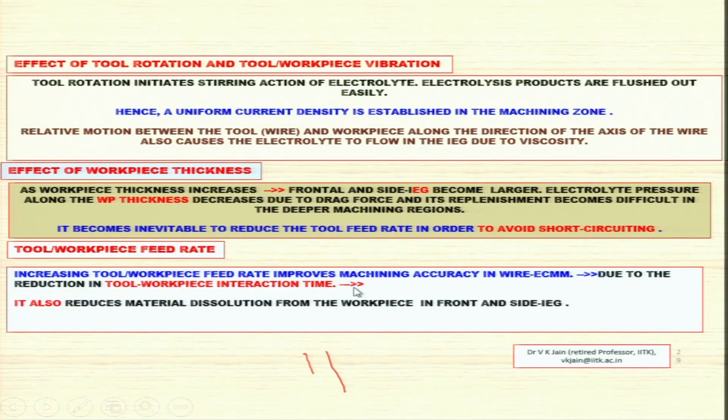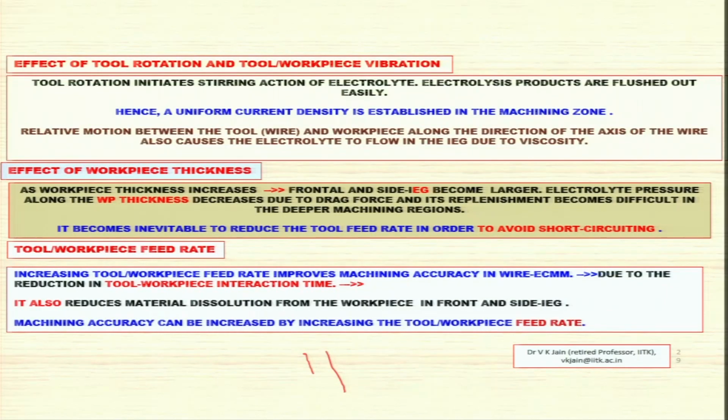Because higher the feed rate, lesser will be the tool workpiece interaction time. It also reduces material dissolution from the workpiece in front and side inter-electrode gap, because total time available is reduced. Machining accuracy can be increased by increasing the tool workpiece feed rate.